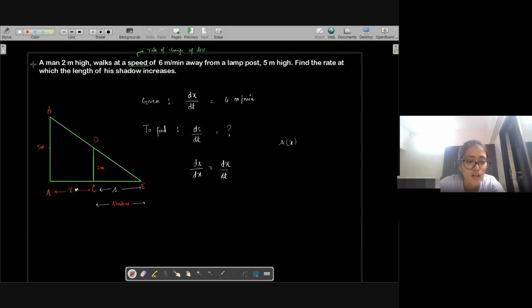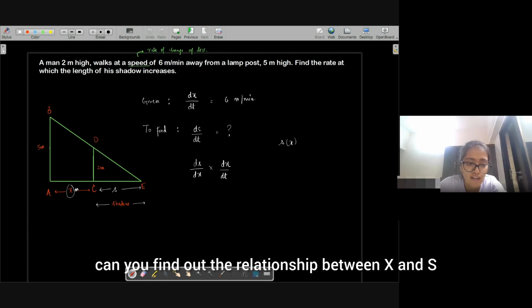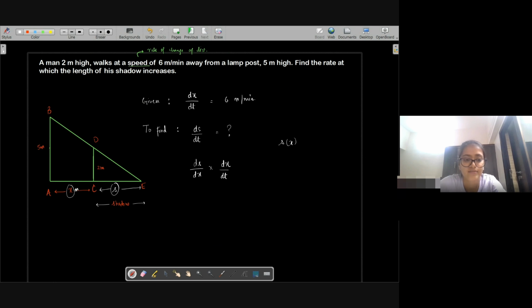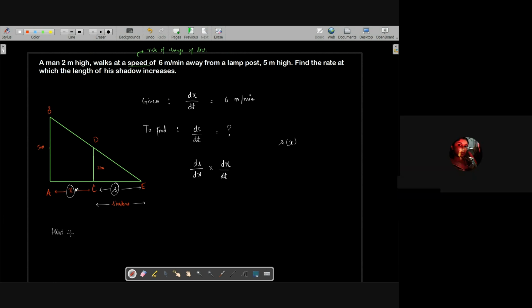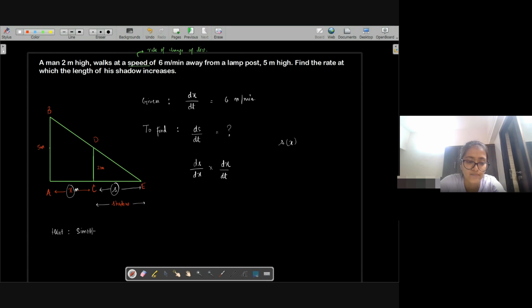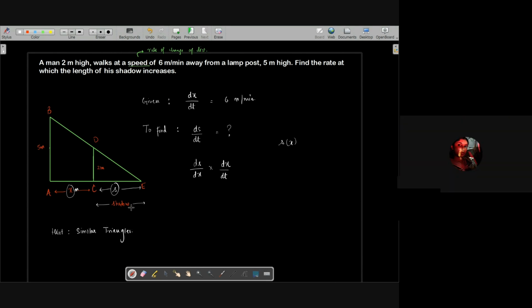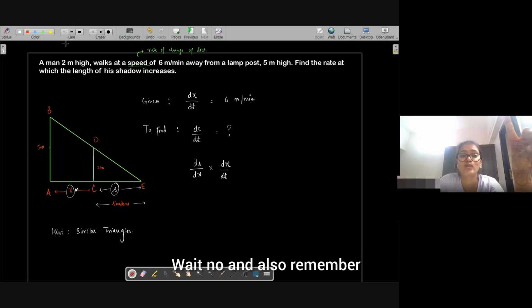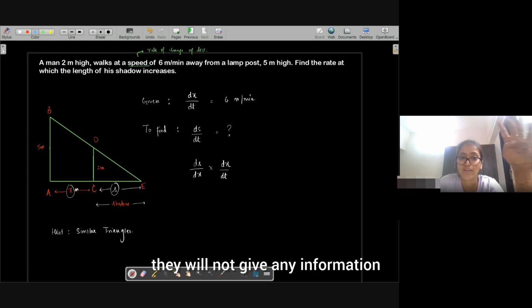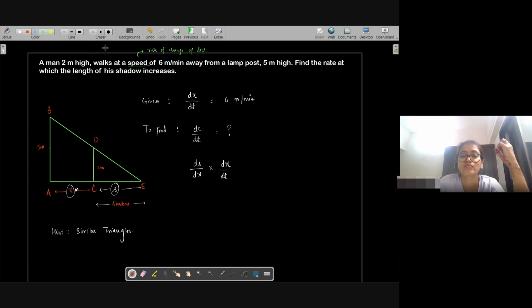Can you find the relationship between x and s? I'll give you a hint. Similar triangles. Oh, so s equals some fraction of... wait, no. And also remember, they will not give any information for no reason.